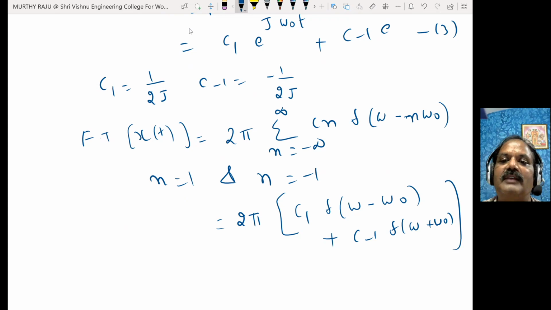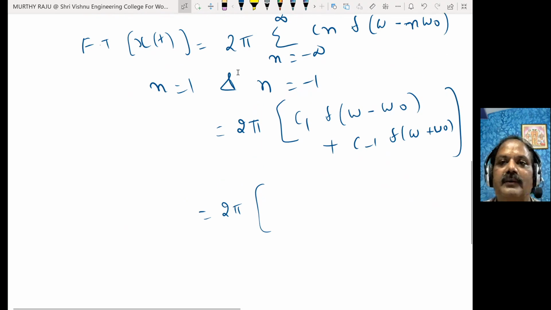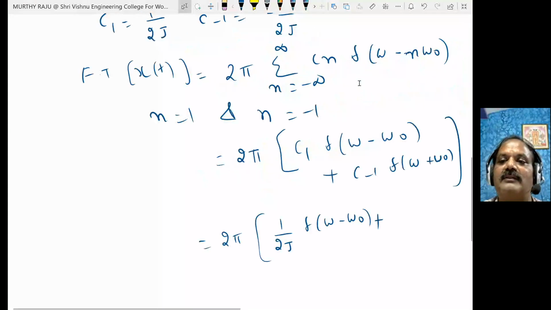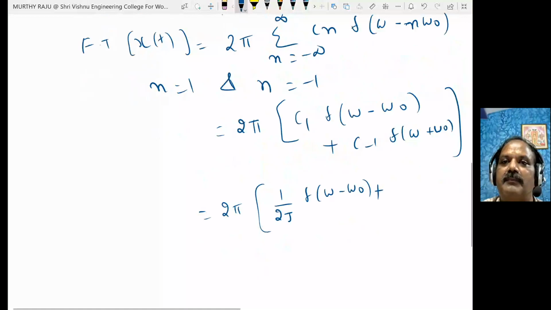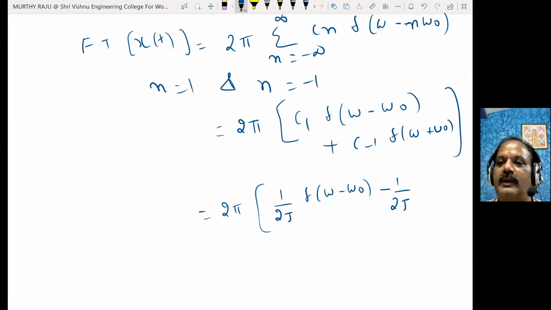So we get 2 pi times 1 by 2j delta of omega minus omega naught plus c minus 1 equal to minus 1 by 2j delta of omega plus omega naught.